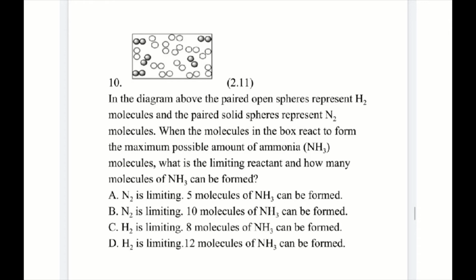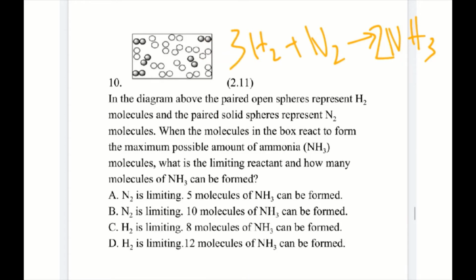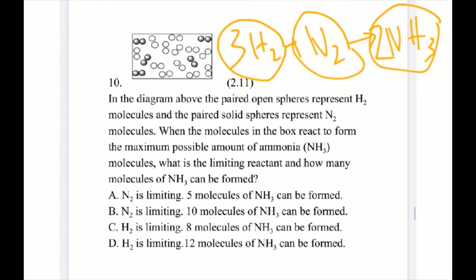So let's write the reaction between H2 and N2 first and balance it in order to see where this goes. Remember, we can read reactions in terms of molecules or moles, and in this case, we are reading it in terms of molecules. So it looks like we have a 2 here and a 3 here, and the reaction is balanced. So for every 3 H2s and 1 N2, we will get 2 NH3s.